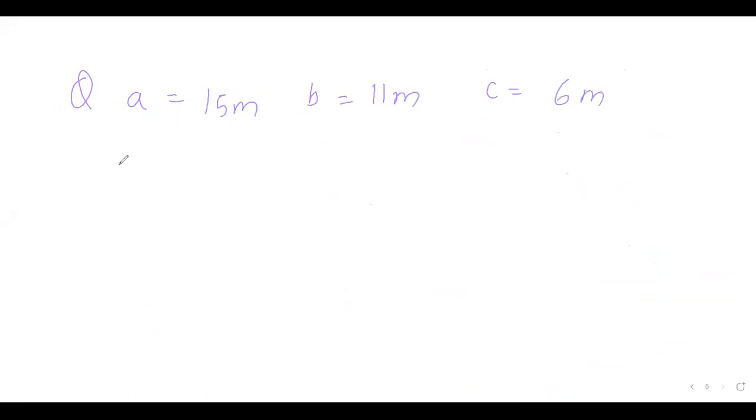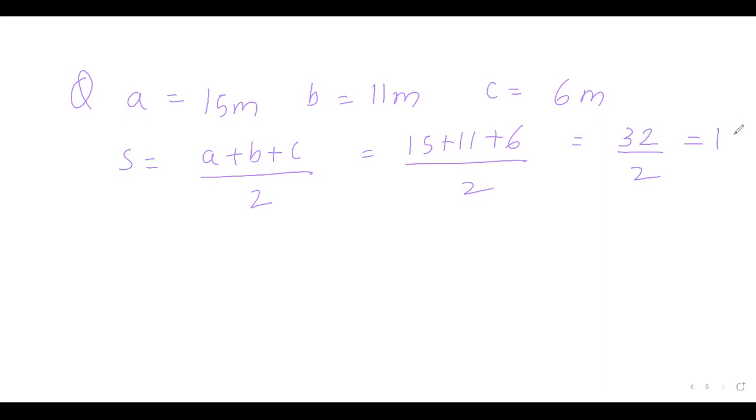Okay, so firstly, we will be calculating S. So add all these 3 and divide by 2, so 15 plus 11 plus 6, which is 32. Divided by 2, that is 16.